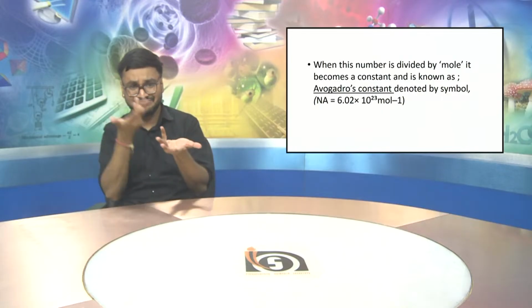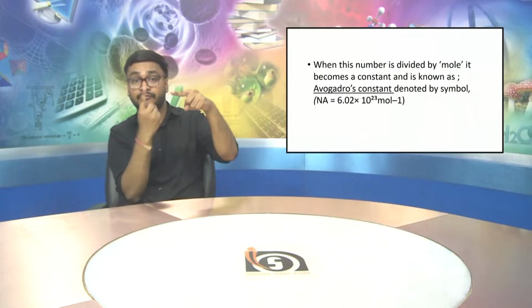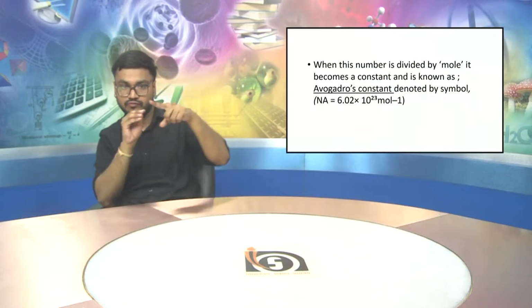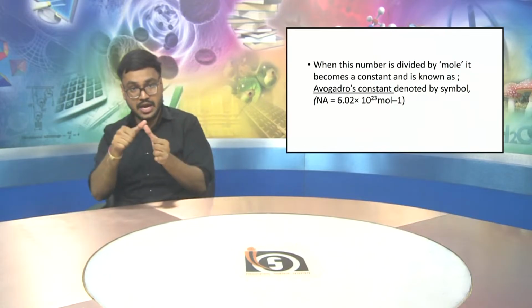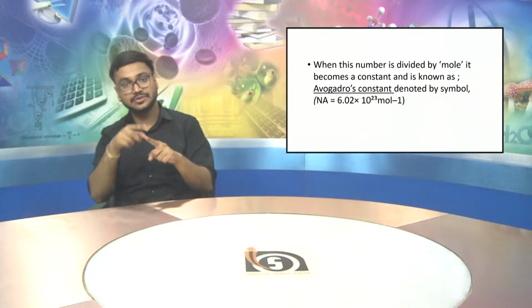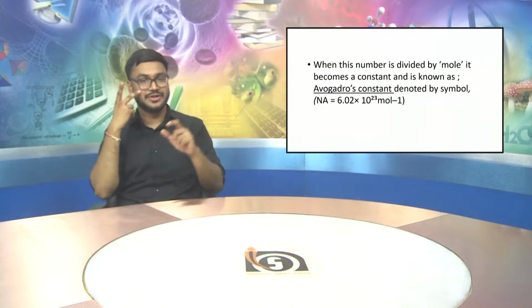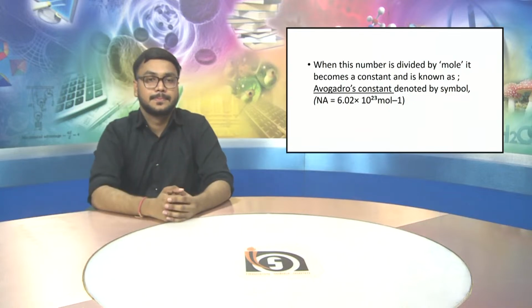When this number is divided by mole, it becomes a constant and is known as Avogadro's constant, denoted by the symbol NA equals 6.02 × 10²³ per mole.